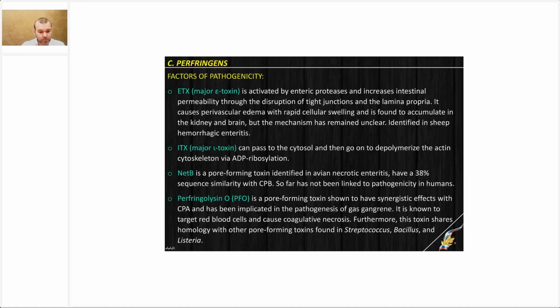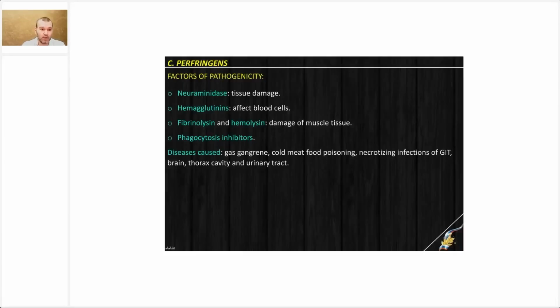and it's looking like the toxins can have a common origin initially because they're identified in different genera but have very similar effect and similar structure. As well, bacteria can produce a number of different enzymes. It is already known neuraminidase and hemagglutinins, which can cause tissue damage and affect different types of blood cells.